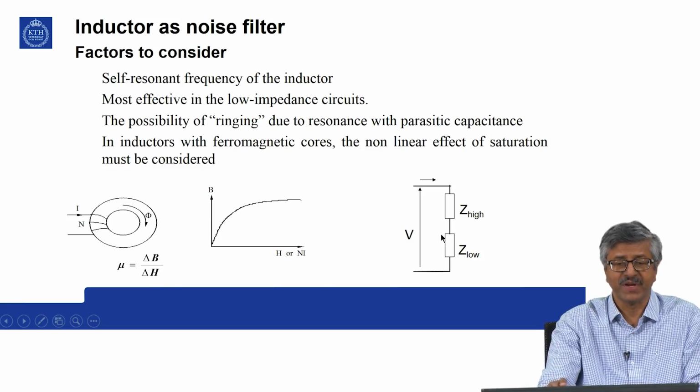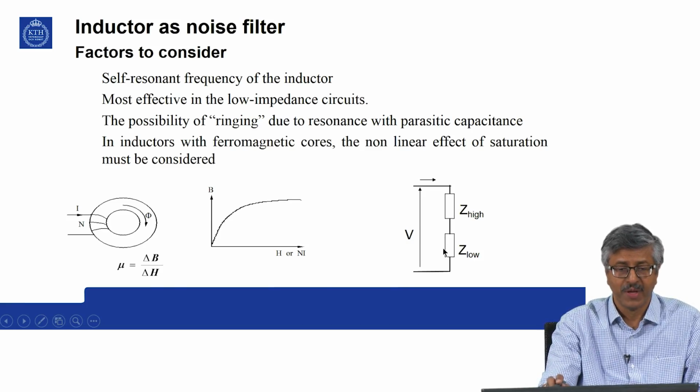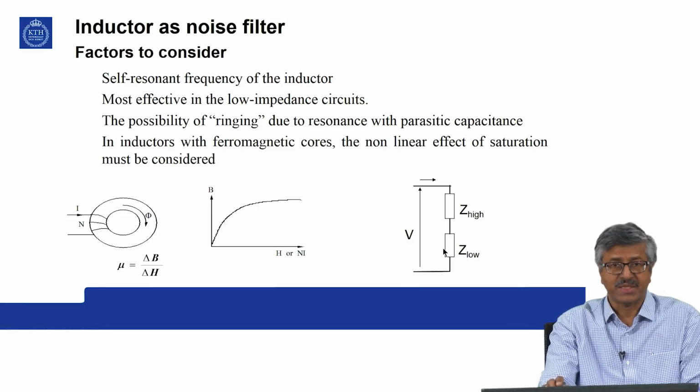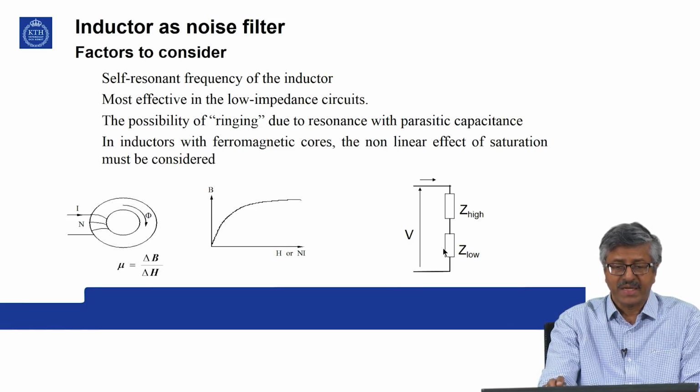So this is most effective in low impedance circuits. The possibility of ringing due to resonance with parasitic capacitance is another factor to be considered. And in inductors with ferromagnetic cores, the nonlinear effect of saturation must be considered.